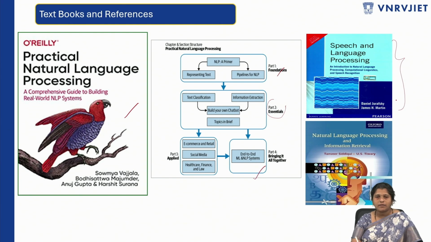In this textbook, text classification, heuristic approaches, rule-based approaches, pattern recognition, and text representation are all covered. If we want to build information retrieval systems with good QA, then we would recommend the textbook from Tanveer Siddiqui.